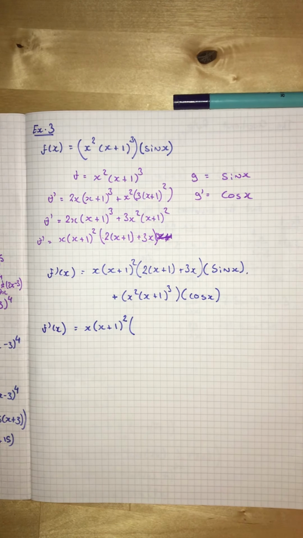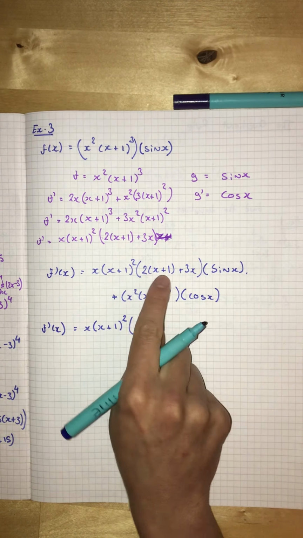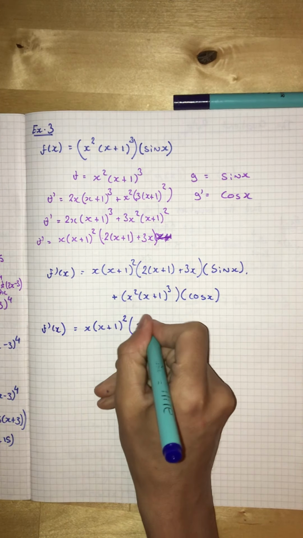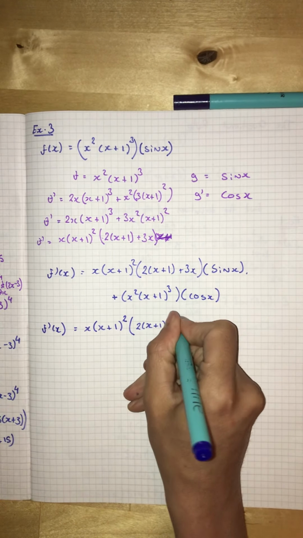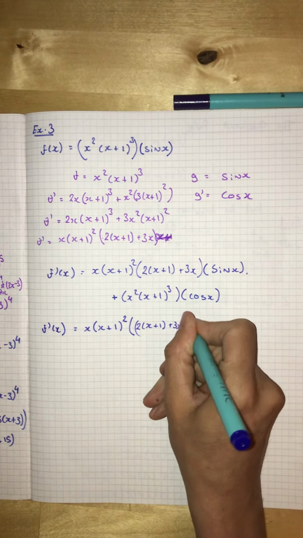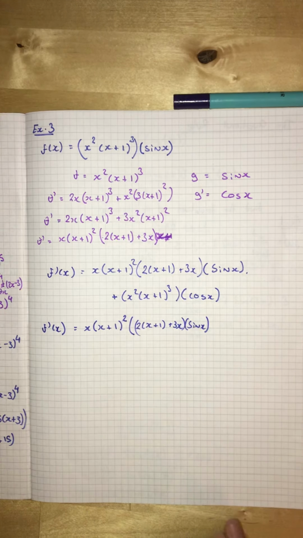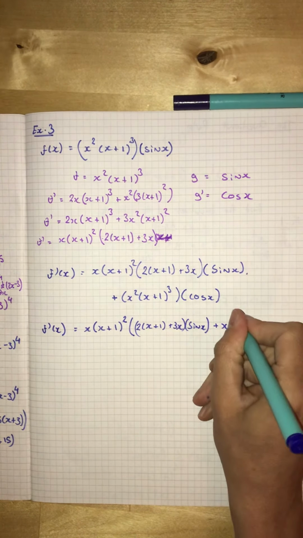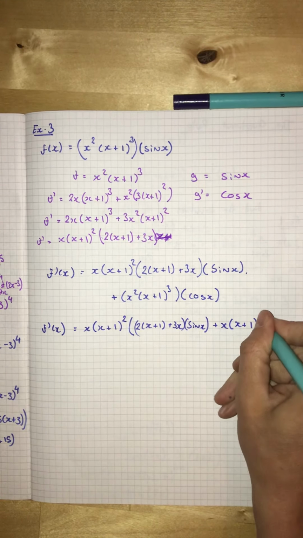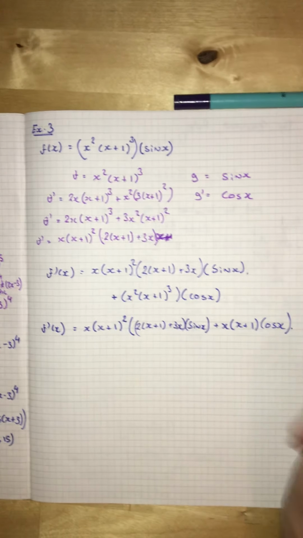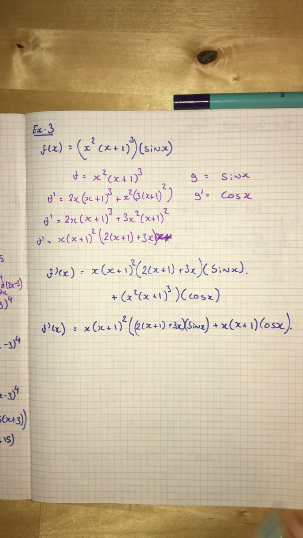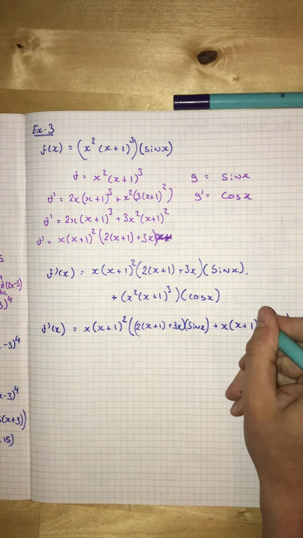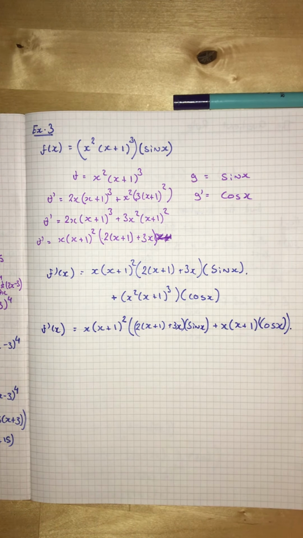Which is going to leave inside the brackets (2(x plus 1) plus 3x) sine x plus x(x plus 1) times cos x. There, that's that. Fully differentiated it.